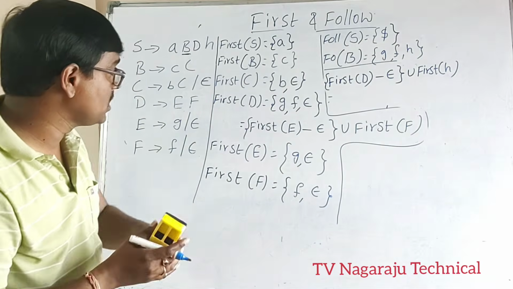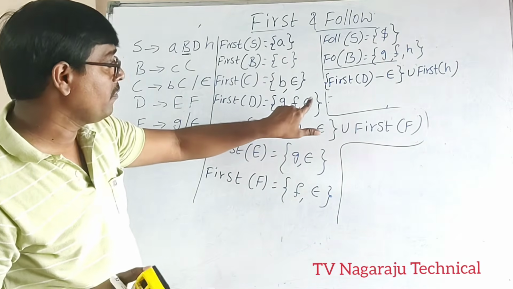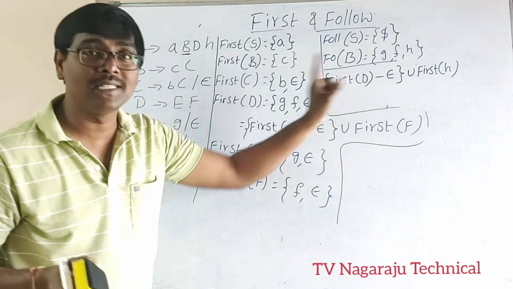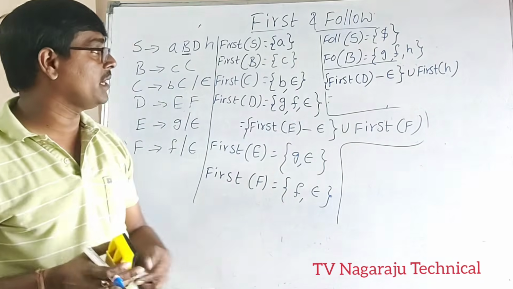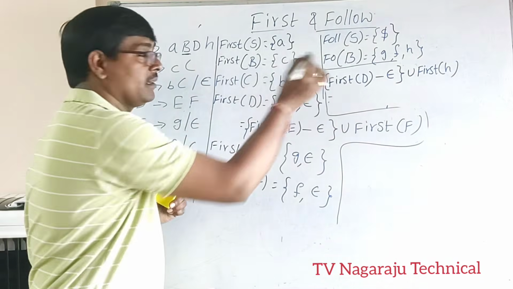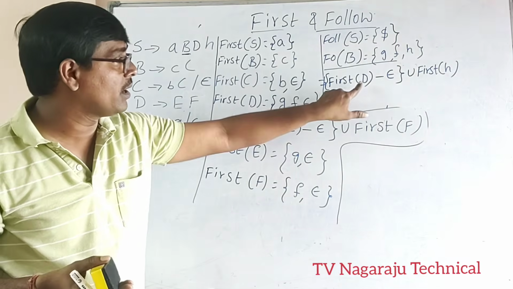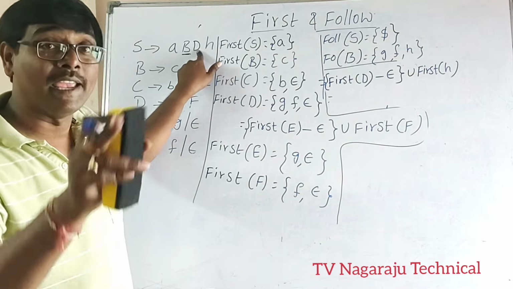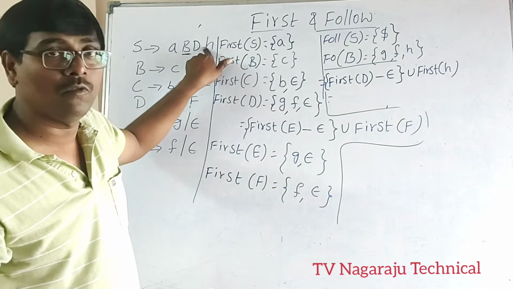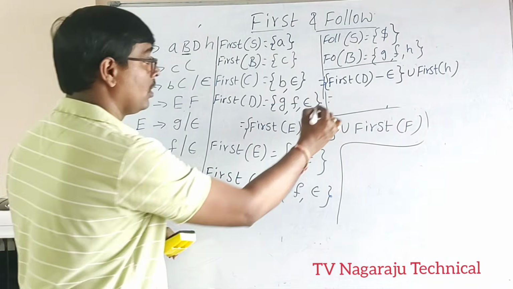First of D is equal to G, F, epsilon. Minus epsilon means G comma F. Union H means G comma F comma H. You are getting the answer, right? Whatever it is, for that we are calculating the first. If it contains epsilon, union the next one.